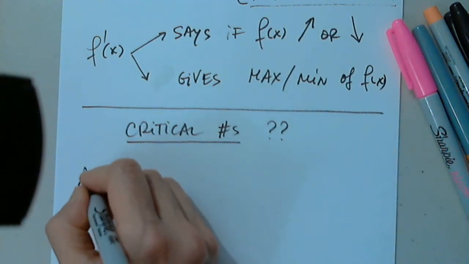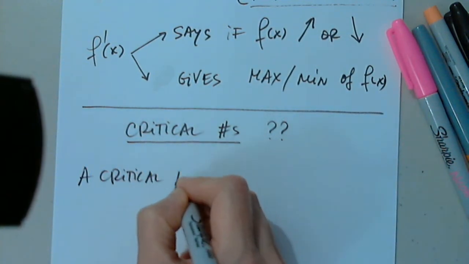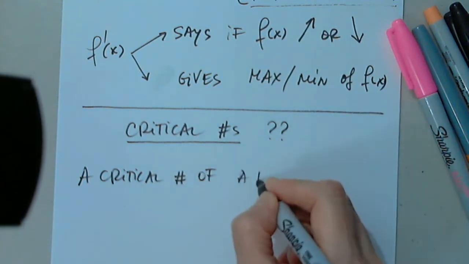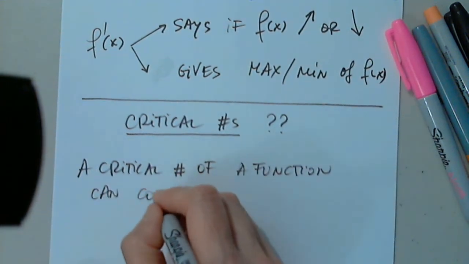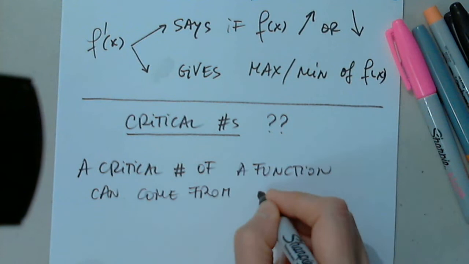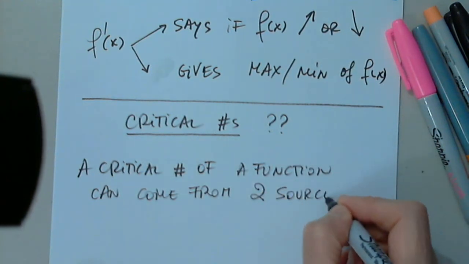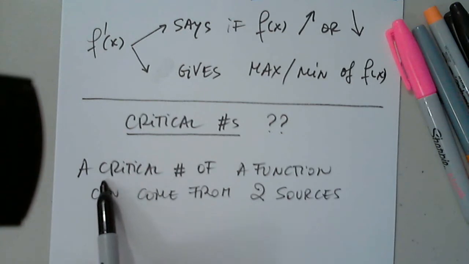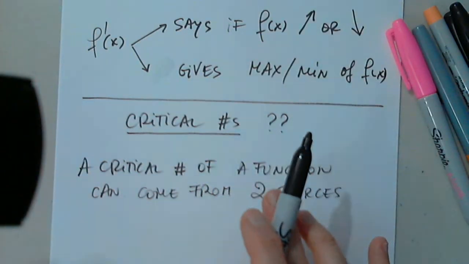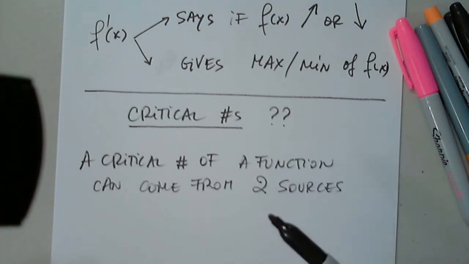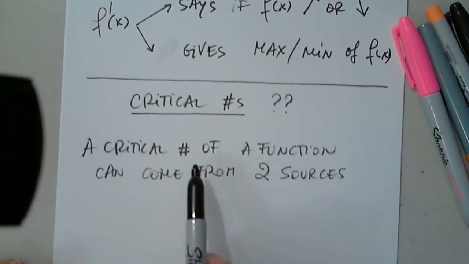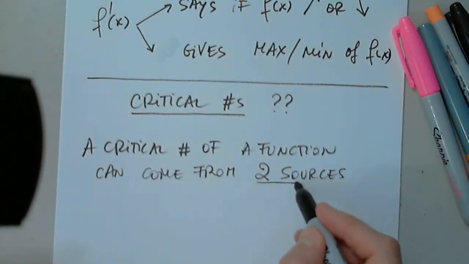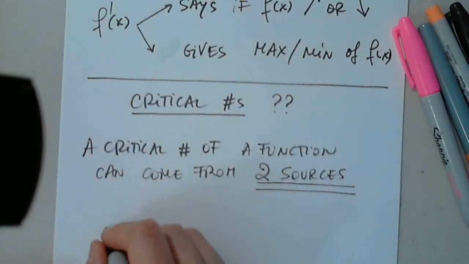A critical number of a function can come from two sources. A function doesn't have to have critical numbers at all. It doesn't have to have critical numbers coming from both. One or the other or none at all. No critical numbers.